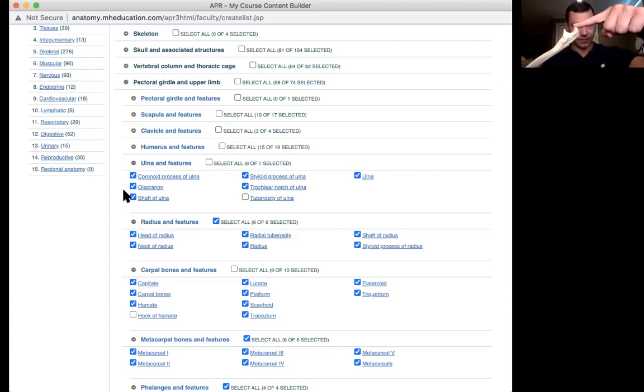It is posterior. In the front here, I have the coronoid process of the ulna. Right in between them, in the middle column, is the trochlear notch.